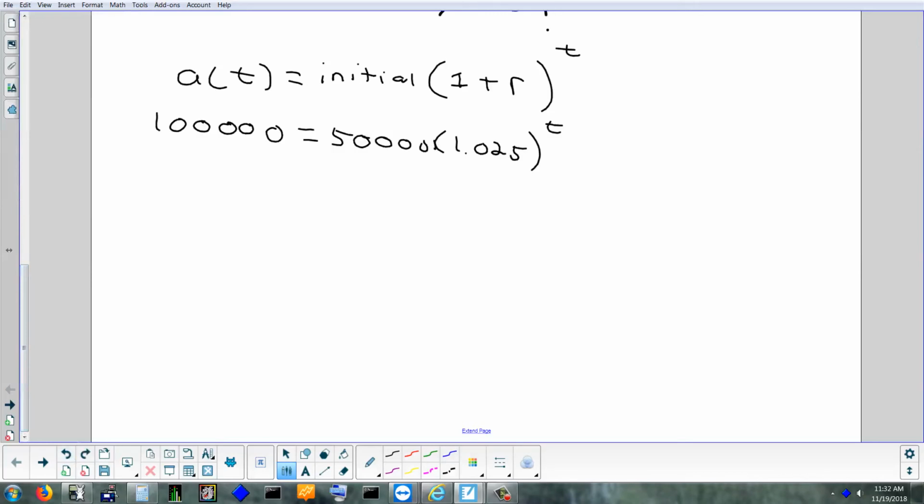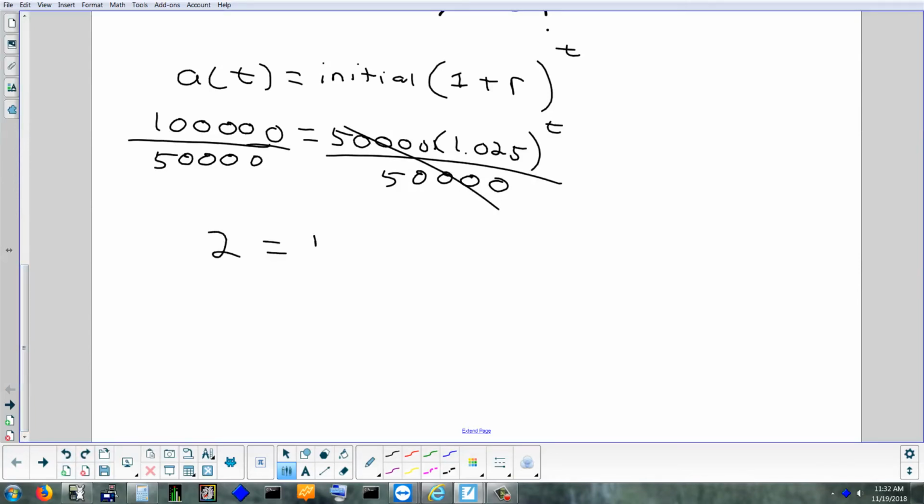Yep, we're going to divide. So divide by 50,000. What do I get on the left? What's 100,000 divided by 50,000? 2. Great. So 2 equals 1.025 to the t.